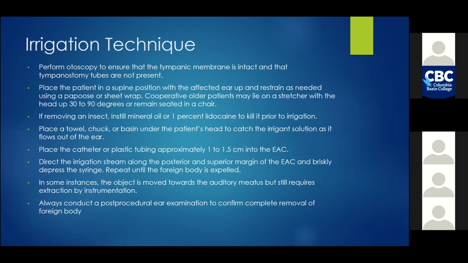And then you're going to just keep repeating the flushing until you can expel the foreign body. And in some instances, when you irrigate, the object moves toward the auditory meatus, but you can still use an extraction instrument if it's close, just to get it out. And you always want to conduct a post-procedural ear examination to confirm that you've completely removed the foreign body.